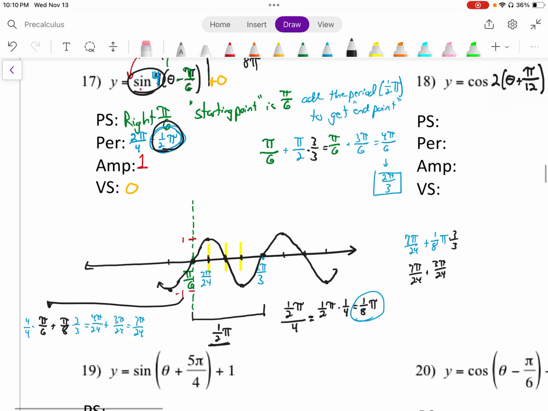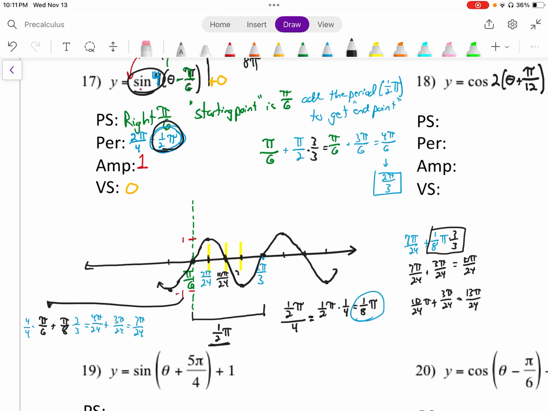And that's 10 pi over 24, which does reduce, but let's just leave it like that for now. Then we're going to take that 10 pi over 24 and add another 1/8. Well, realize 1/8 pi with a denominator of 24, multiplying by 3 over 3, is 3 pi over 24. And so that's going to give us 13 pi over 24.